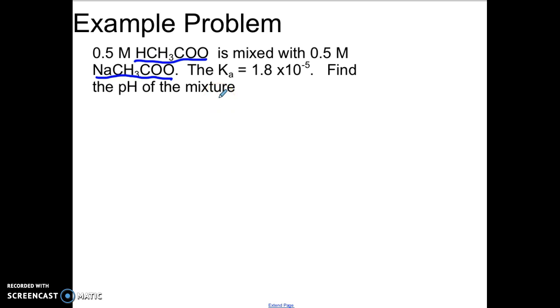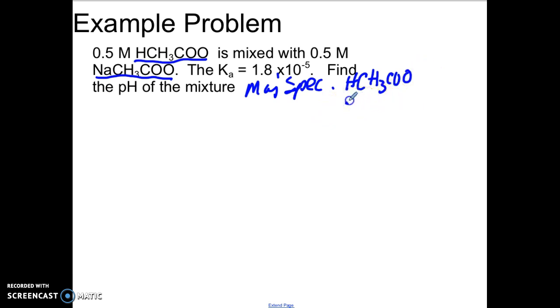So when I'm calculating the pH of that mixture, the thing that I want to be thinking of is what are the major species? I would consider the acetic acid. The sodium acetate, because sodium is group 1, is going to completely dissociate.